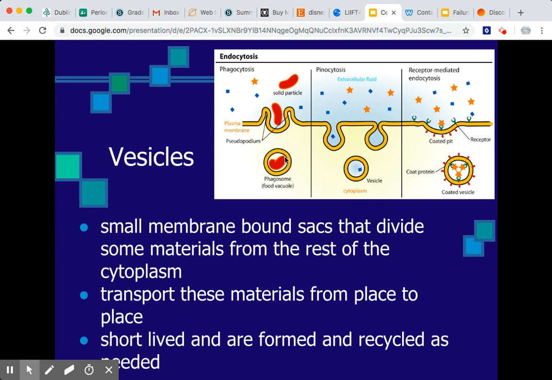This is going to be your vesicle. The vesicle is then going to, in this instance, attach to a lysosome. It's going to digest the food, and then this is going to continue to be transported out of the cell, if that be the case. Most of these are pretty short-lived, but they form and then they're recycled as needed.